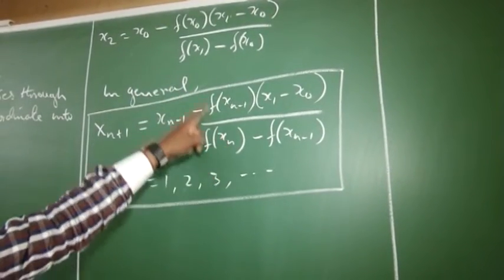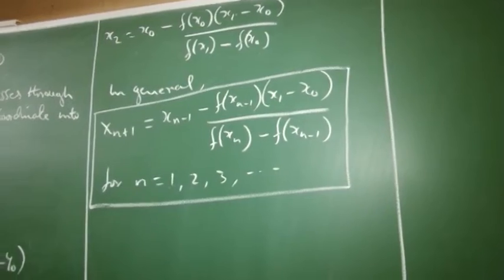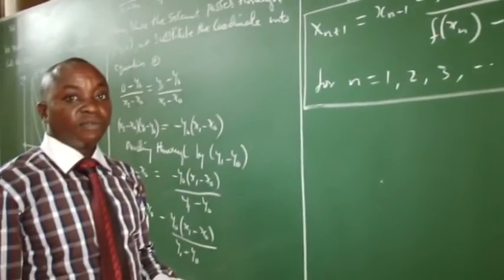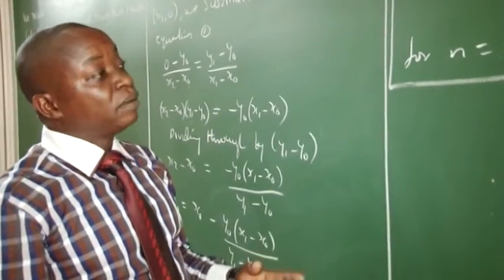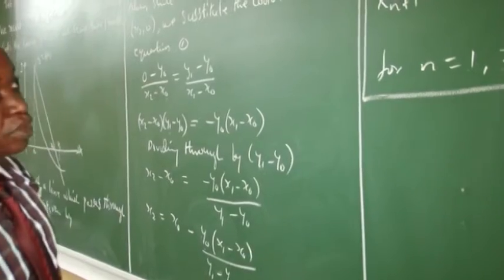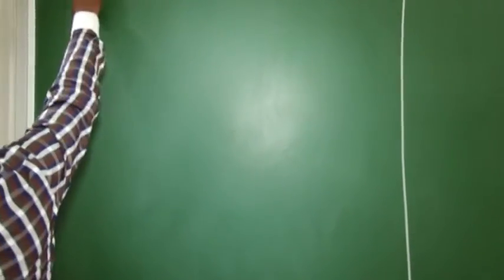Then when n is 1, we have f of x1. Right, so this is how the second formula of iteration is derived. And we are going to pick one example so that we see how it works. Now, we are going to take an example for the second method.